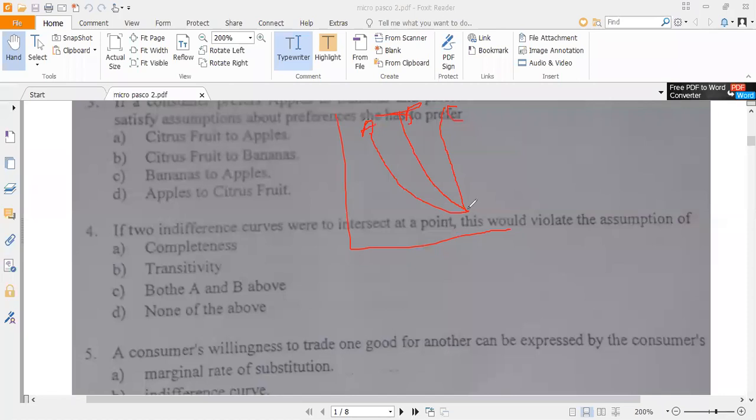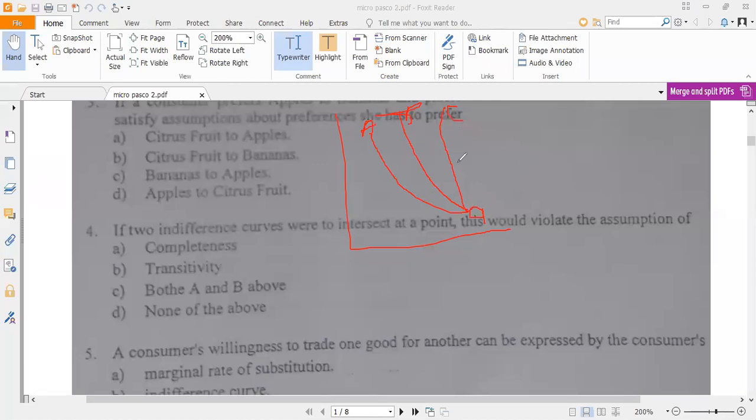But because they are meeting here, if you take bundle A, then the consumer is supposed to be indifferent between all these indifference curves, which shouldn't be so. So if they intersect like this, then they are violating the transitivity assumption.